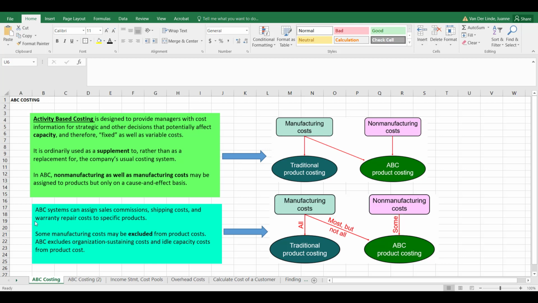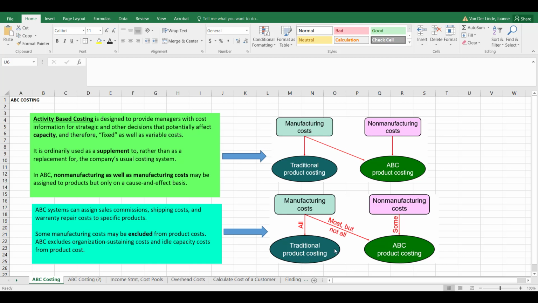Now, at the same time that we include some non-manufacturing costs as part of product cost under ABC costing, some manufacturing costs can end up being excluded from product costs. The ABC system will exclude any organization sustaining costs and any idle capacity costs from product costs. We have two diagrams here, the second one being a little bit more detailed.